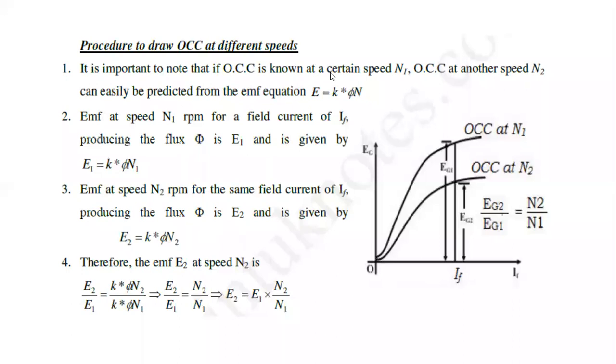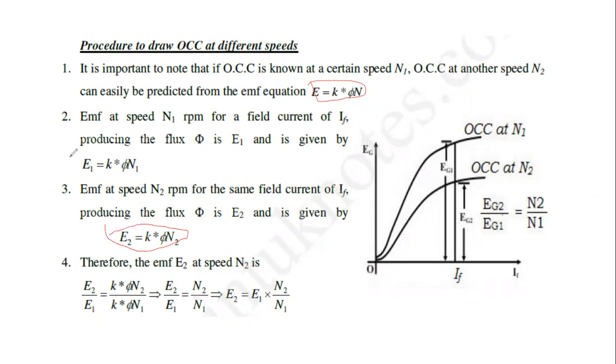By using the EMF equation, E equals K into phi N, where K is the constant. At speed N1 RPM, E1 equals K into phi N1, and at speed N2 RPM, E2 equals K into phi N2.